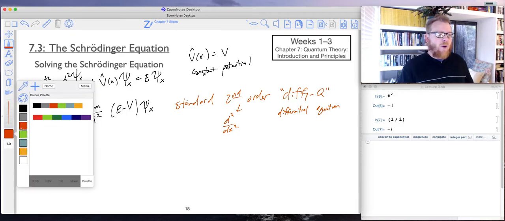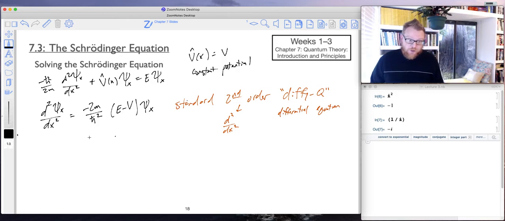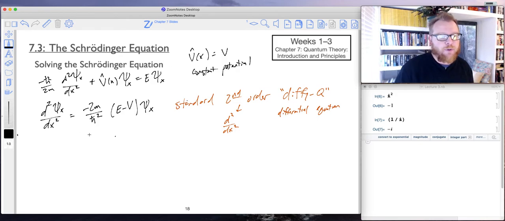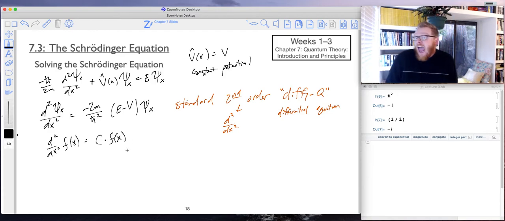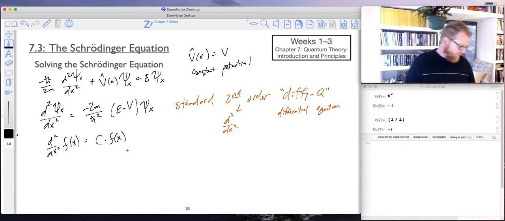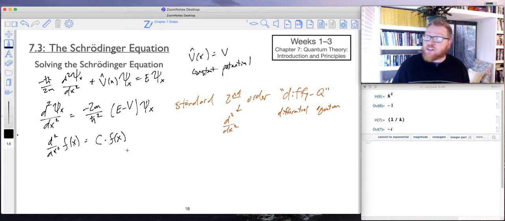Okay? And so as it turns out, because this is a fairly simple form of this equation, and the simplest form of this equation, I'll give it to you generically. So this is d dx of the function f of x equals some constant c times f of x. So that's our standard second order differential equation. And as it turns out, there is a solution to the standard second order differential equation.